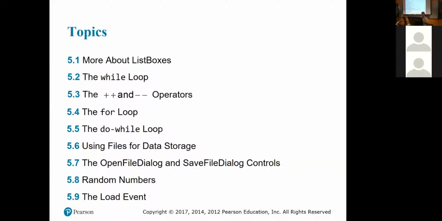Next Tuesday we're going to cover collections for the first time in 148, and they're kind of complicated. But anyway, that's one of the things that makes list boxes kind of complicated. So we're going to cover while loops, and while loops are just like if else's.